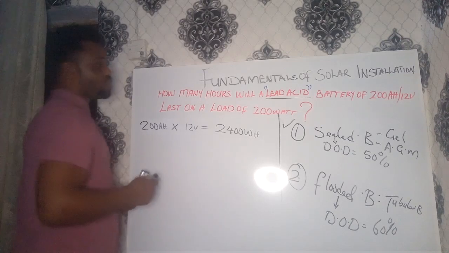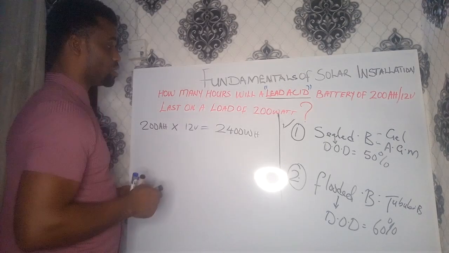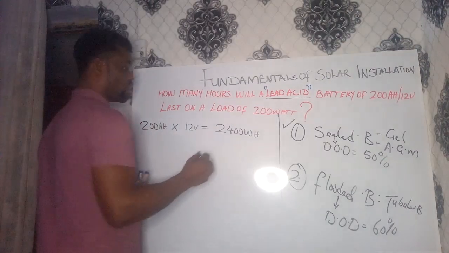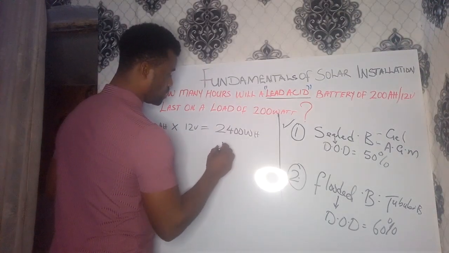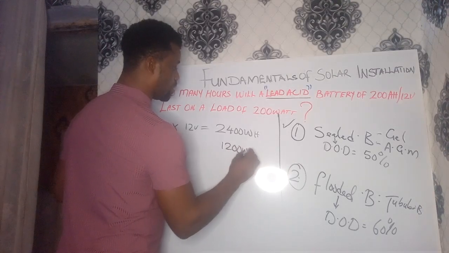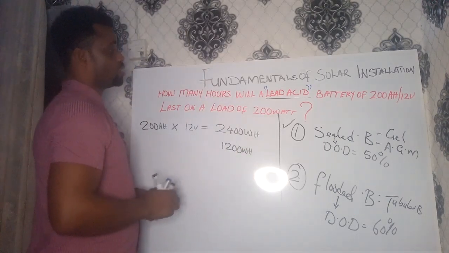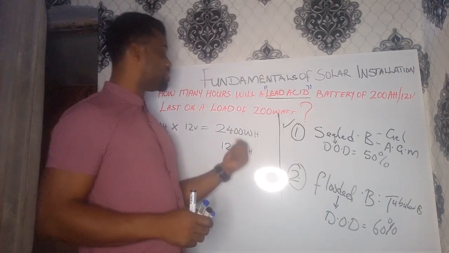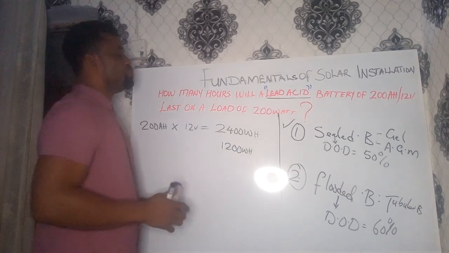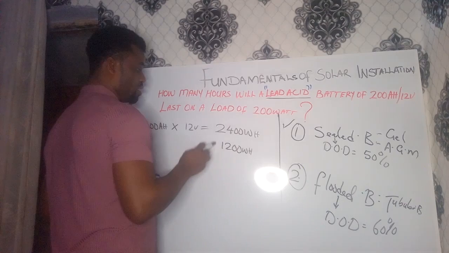Now, what is the 50% of 2400 watt hour? It is 1200 watts hour. So this is what you now divide the load with. Remember we said you don't drain a sealed battery more than 50%, so you do your calculation based on 50%.